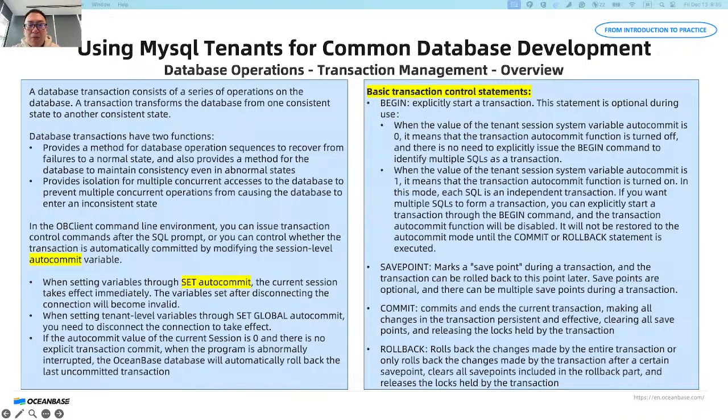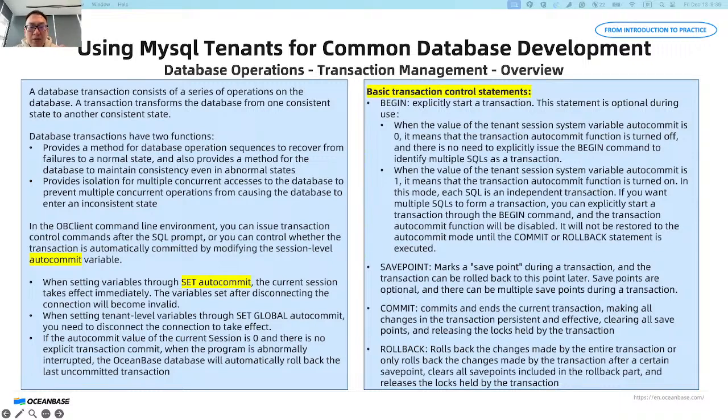In OceanBase, we have some basic statements to control transactions, such as begin, savepoint, commit, and rollback. There is a parameter we need to pay attention to: autocommit. You can control whether the transaction is automatically committed by modifying the session-level autocommit variable.